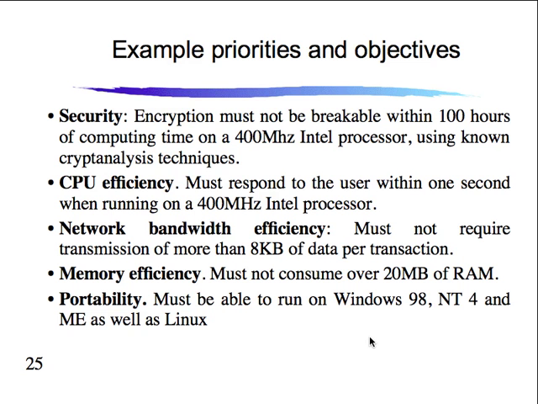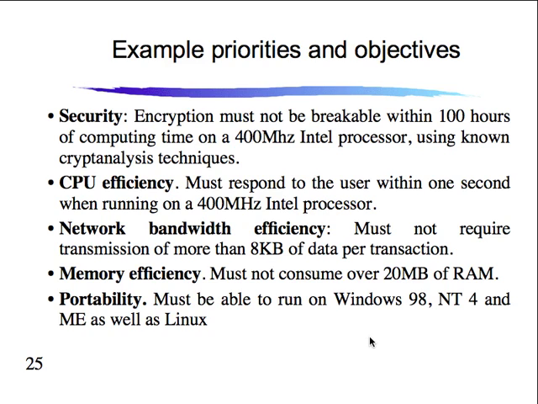These are antiquated, and some of these might make you laugh, actually. These are very old examples. Example priorities and objectives: in terms of security, encryption must not be breakable within 100 hours of computing, on a 400 megahertz Intel processor? Wow, no, that would be outdated today. Network bandwidth, 8 kilobits.